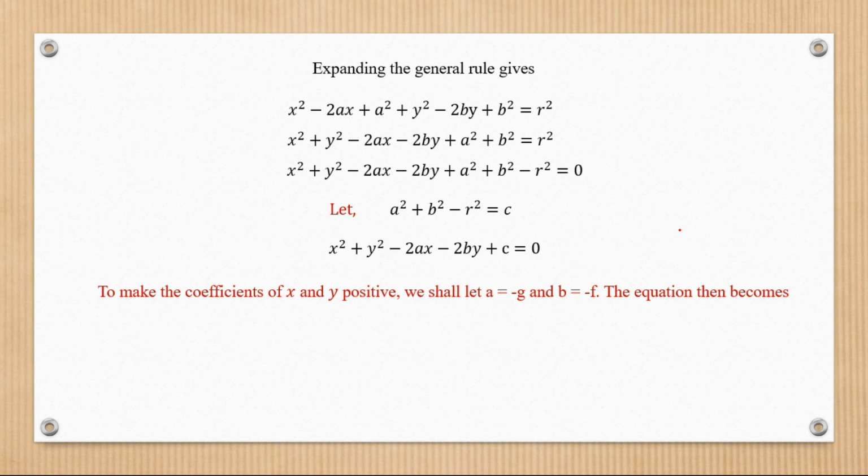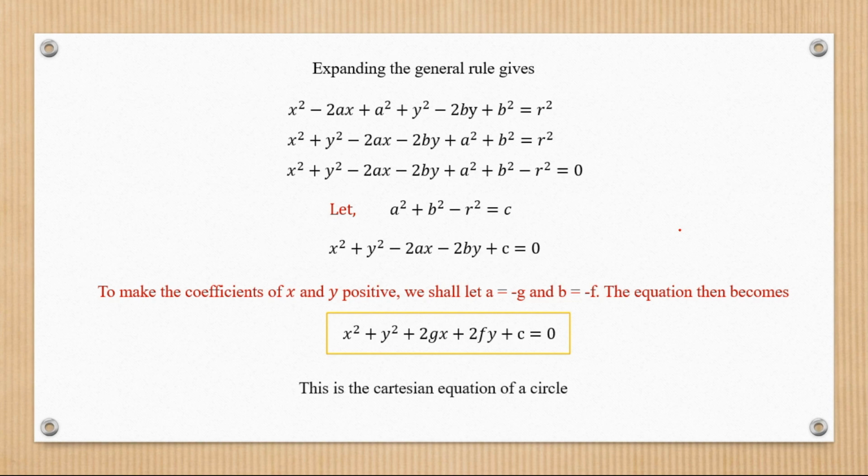So we shall let small a be equal to negative G, and small b be equal to negative F. The equation then becomes X squared plus Y squared plus 2GX plus 2FY plus C being equal to 0. This is another form of expressing the equation of a circle, and we call this form the Cartesian equation of a circle.